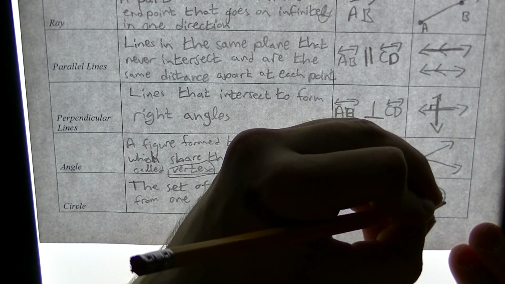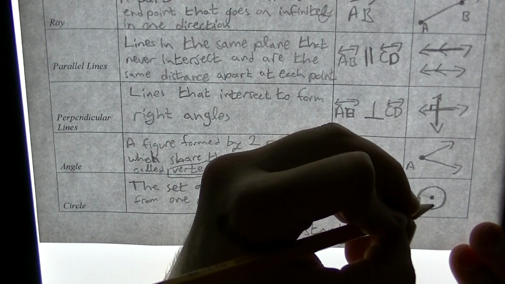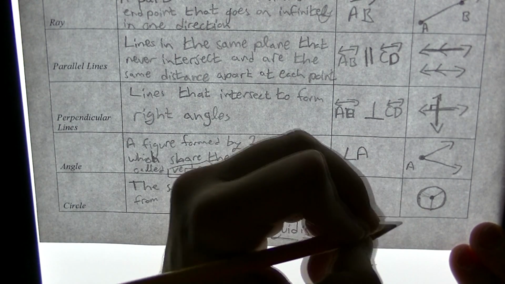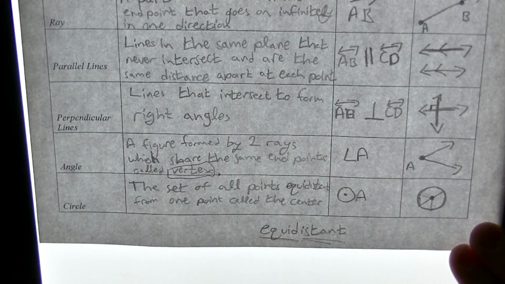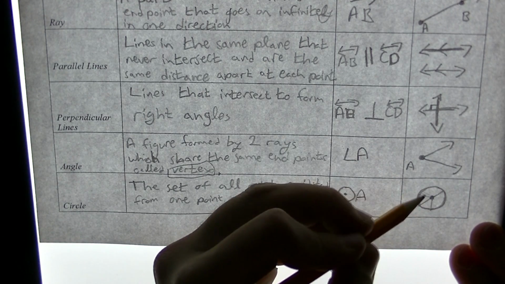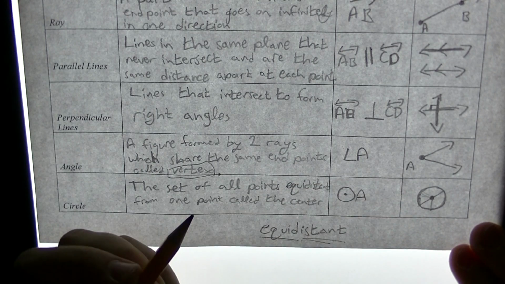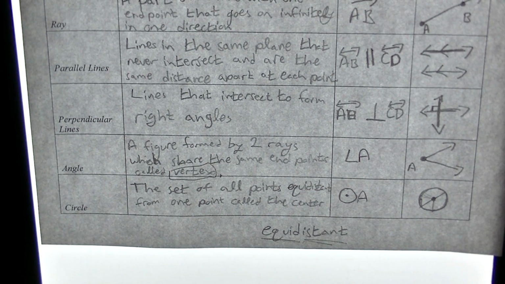This is what a circle looks like. And if you look at it, I'll measure from my center. It's the same distance here, the same distance there, from the center to the edge, the same distance there. A circle is one center and then all these points that are on the edge of my circle are all the exact same distance from my center. And those are all the vocabulary words that we're looking at today.